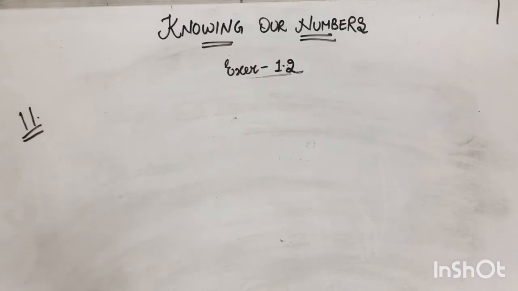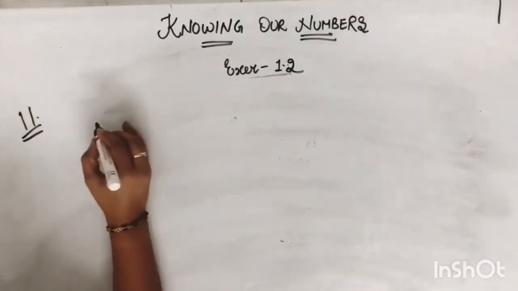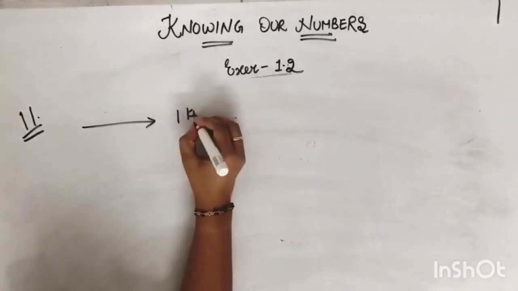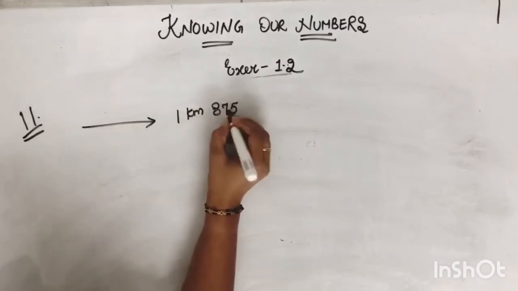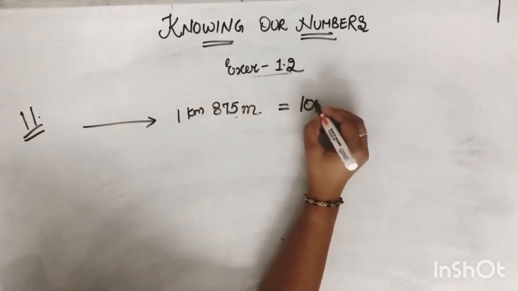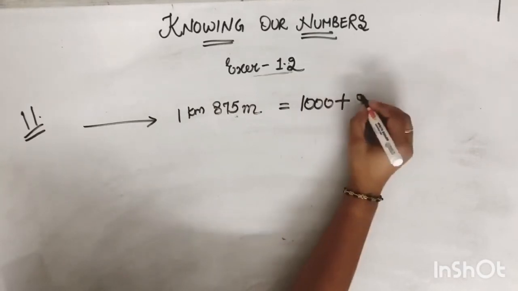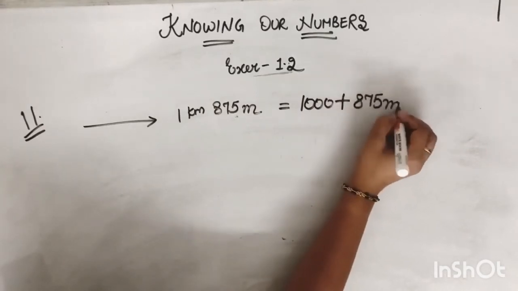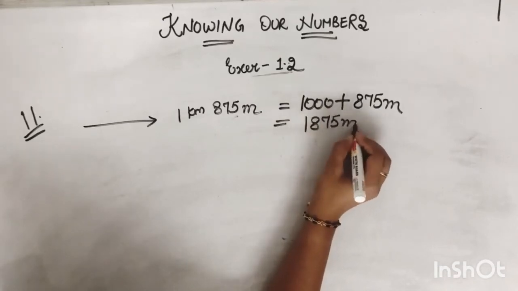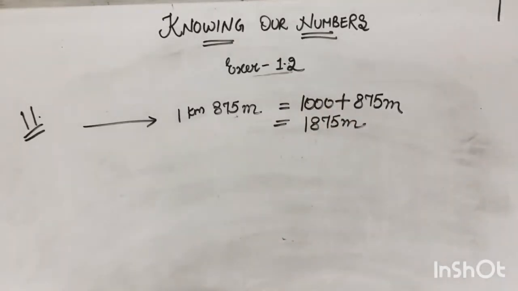Distance of one side is 1 kilometer 875 meters, means 1000 plus 875 meters, that is 1875 meters. So this is the distance of one side, from house to school.